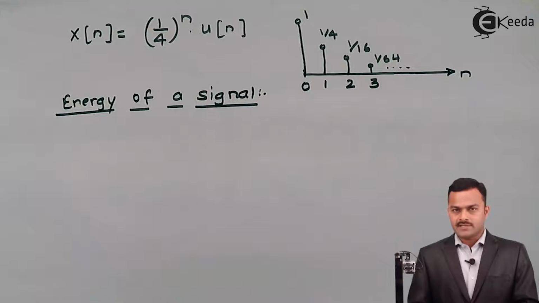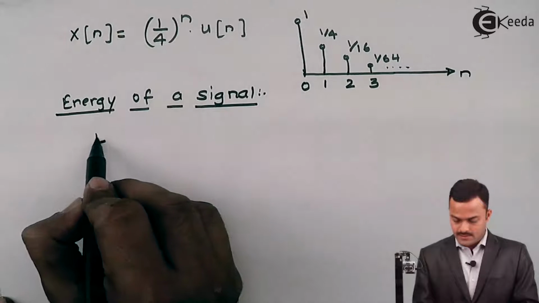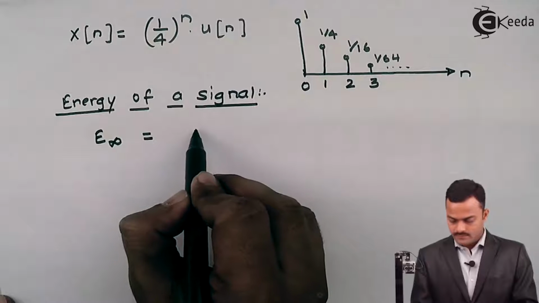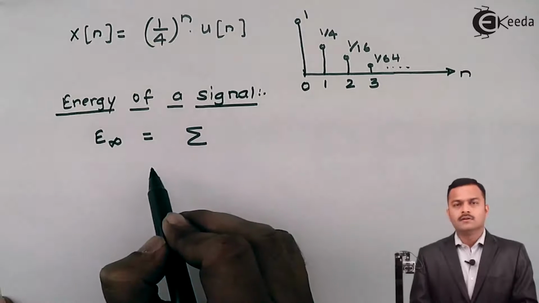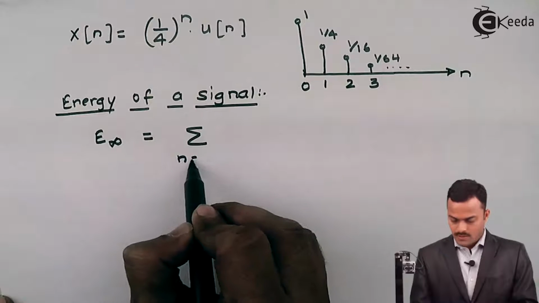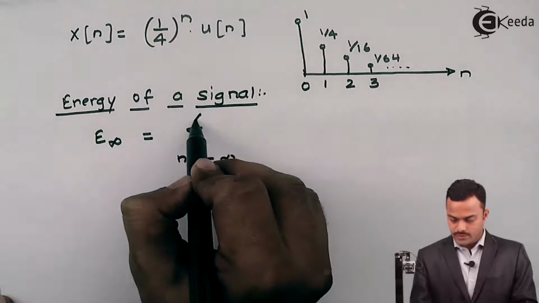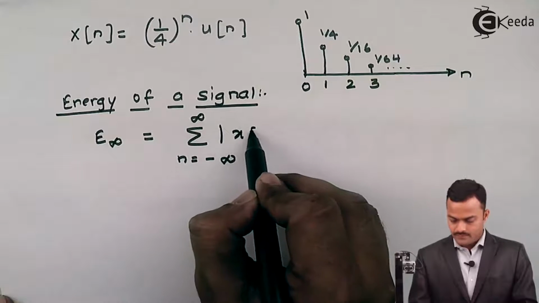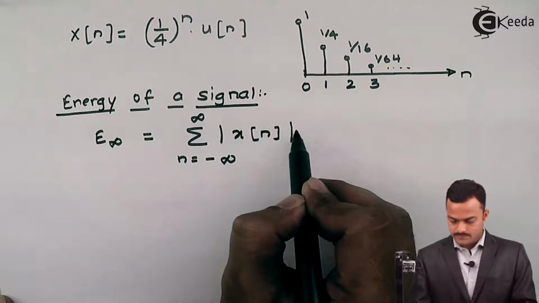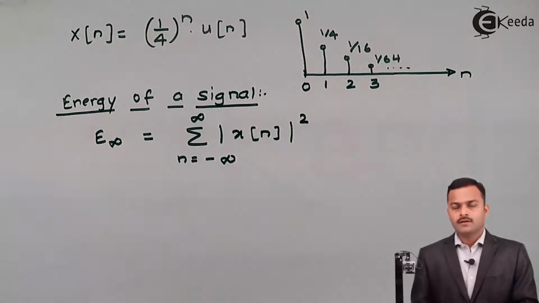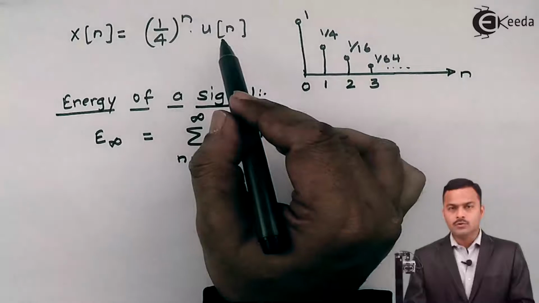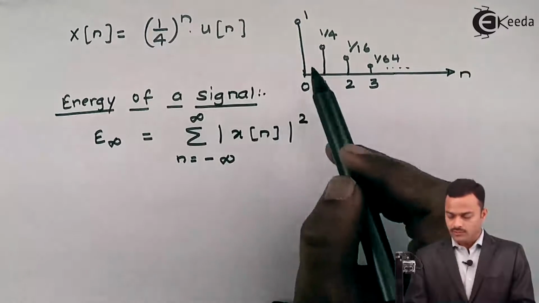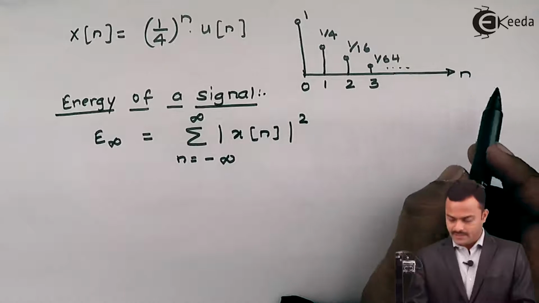Being a discrete time sequence, the energy is E infinity equals summation n equal to minus infinity to plus infinity mod x of n square. Once again, being a unit step getting multiplied with this signal, the total signal exists only from 0 to infinity.